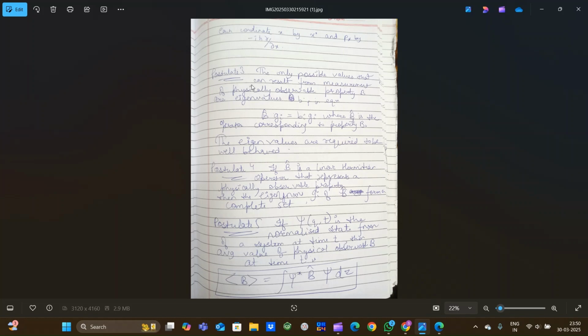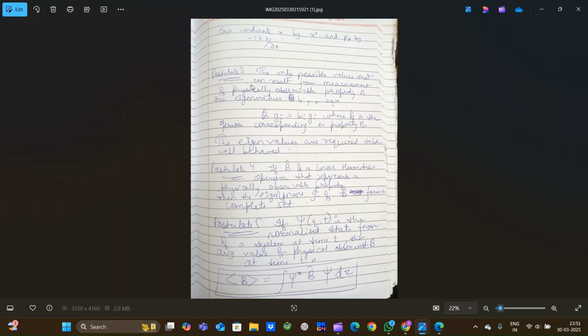Now, Postulate 3 states that the only possible values that can result from measurement of a physical observable property are its eigenvalues. They are saying that your operators will give you the eigenvalues, and these eigenvalues are real values. For example, H psi equals E psi, your Schrodinger equation.